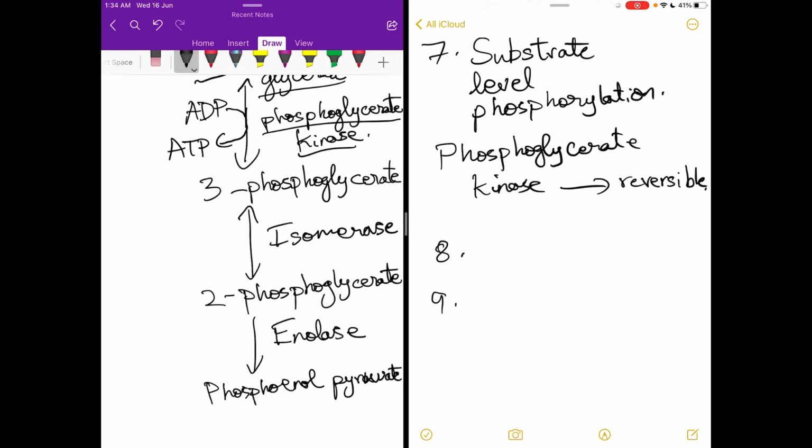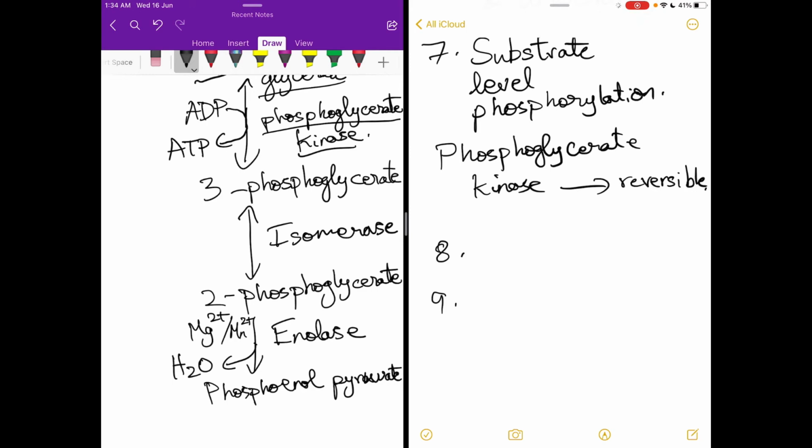Right. Now for this enolase enzyme to act, we need magnesium, which we saw very often in the first phase of glycolysis, or manganese can also be used as a cofactor for this reaction. And while this reaction happens, H2O is released, a molecule of water is released.